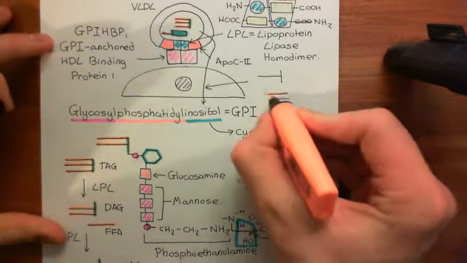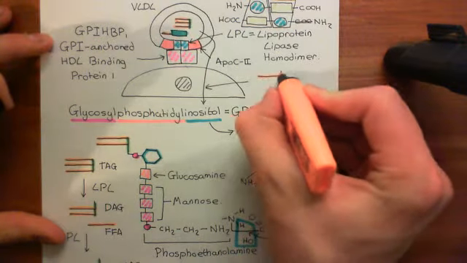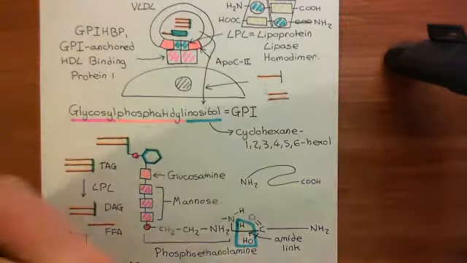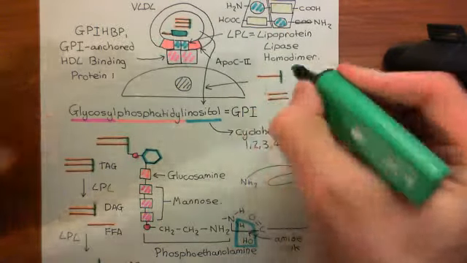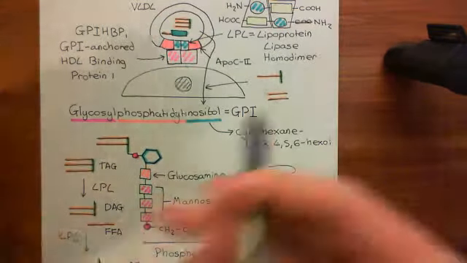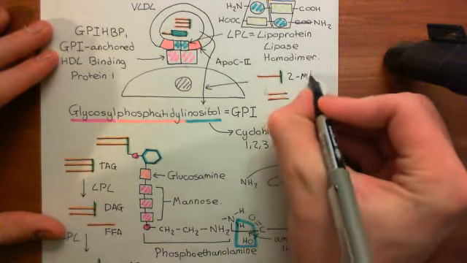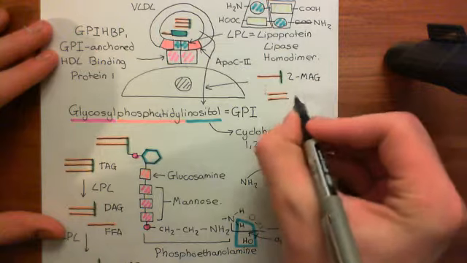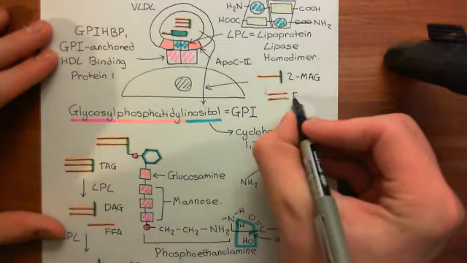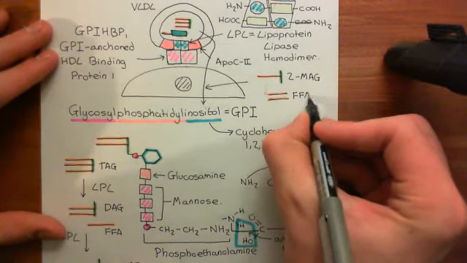Okay, so here are the 2 free fatty acids. Here is a long-chain carboxylic acid still esterified to that second alcohol group of the glycerol molecule, and both of these are moving into the cardiac muscle tissue or the skeletal muscle tissue, and then what will happen is they will be used for energy basically.